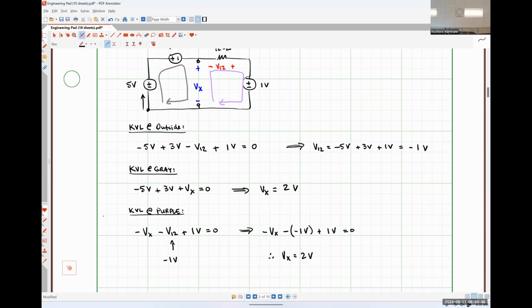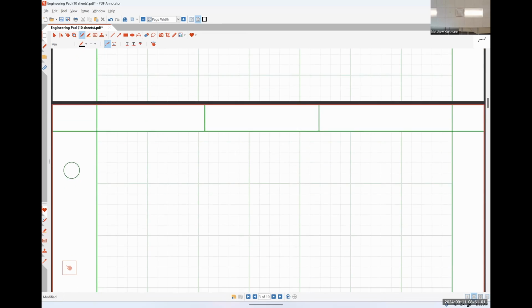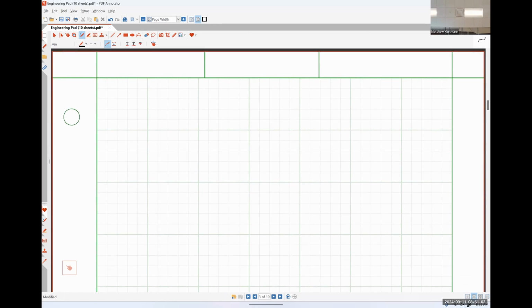Okay. Now, we can use Kirchhoff's voltage law in conjunction with Ohm's law to find things like currents and all that kind of jazz. So let's work an example problem. And this is going to be a pretty fair increase in difficulty.